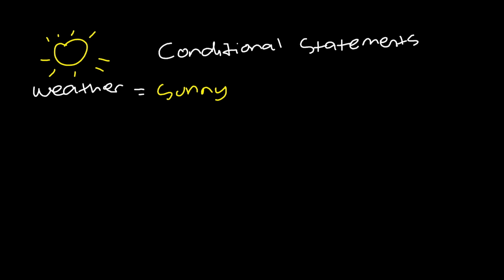Now, because the weather is sunny, I want to tell the user, okay, you should wear shorts and a t-shirt. So we need to first check if the weather is sunny, because if the weather is cold, or let's say it's raining, we don't want to recommend or print to the user that we want them to wear a t-shirt and shorts.